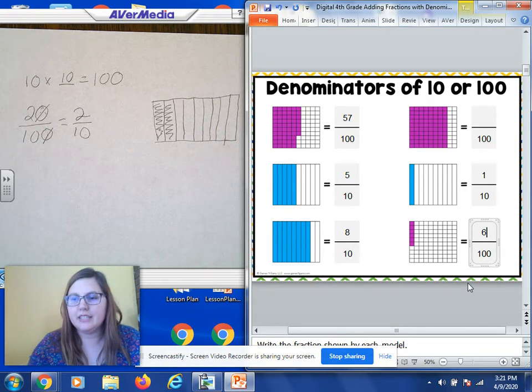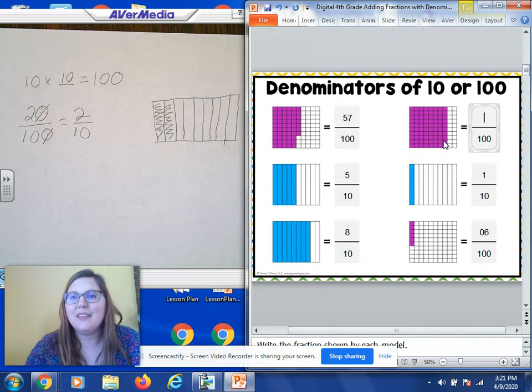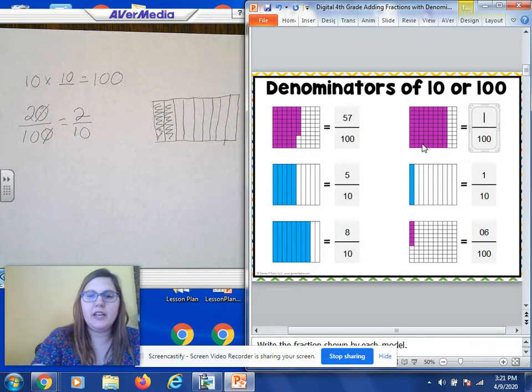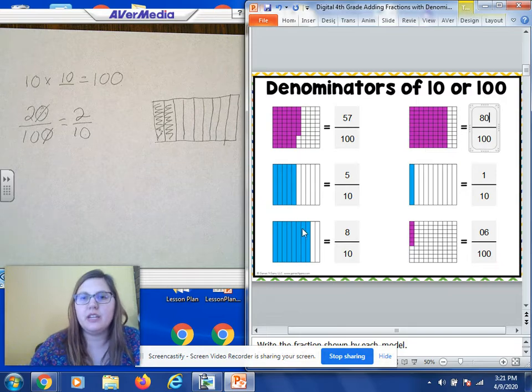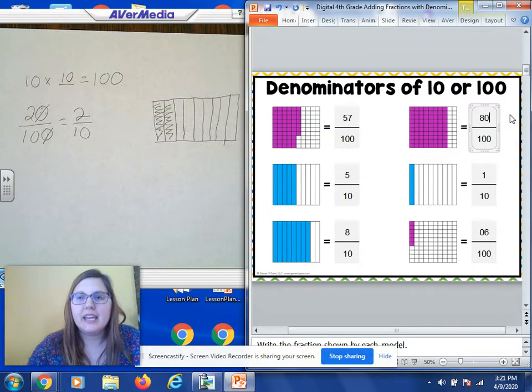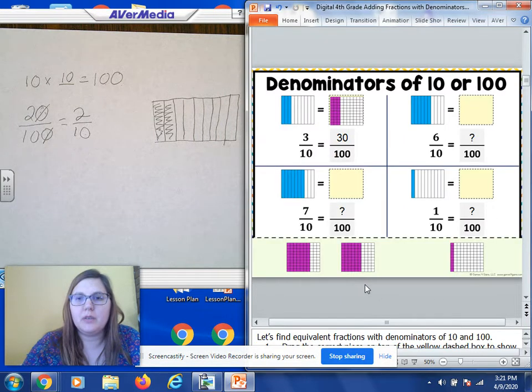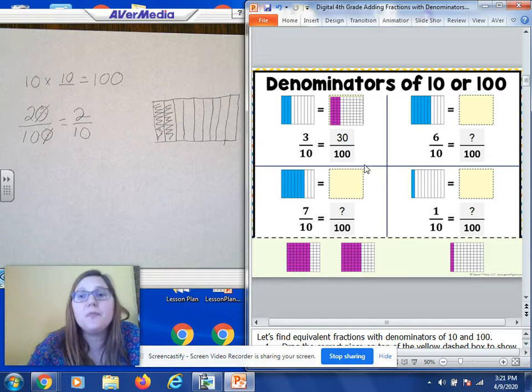You can write it as this or you can write it as 0.6, okay? And then here I have 80 hundredths. If we look at 8 tenths and 80 hundredths, we just added that 0 to get a different denominator.